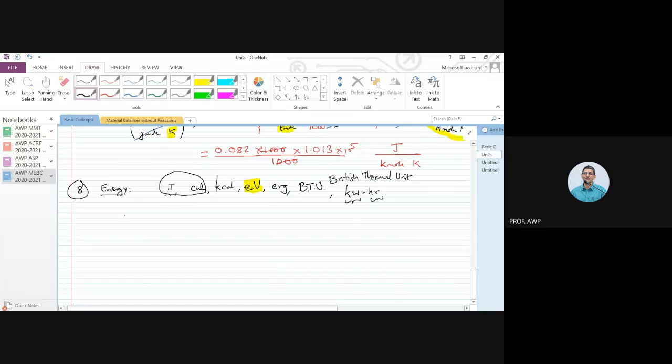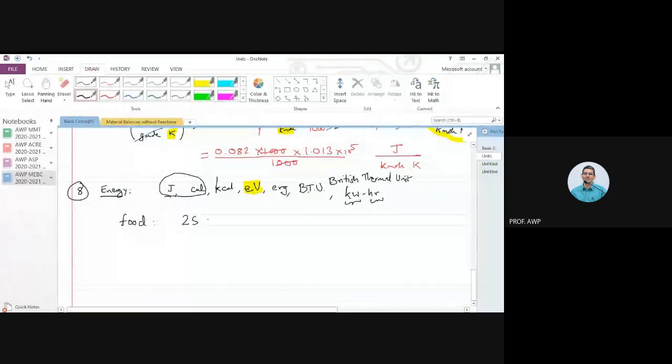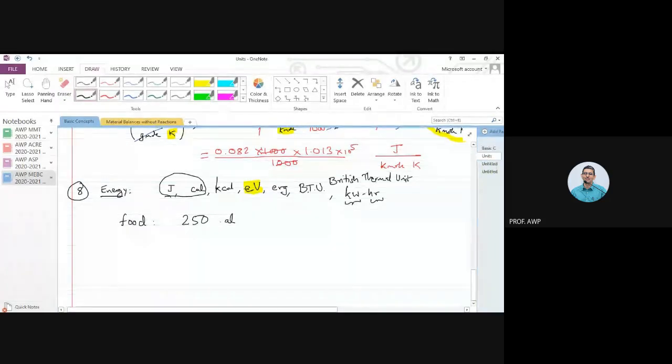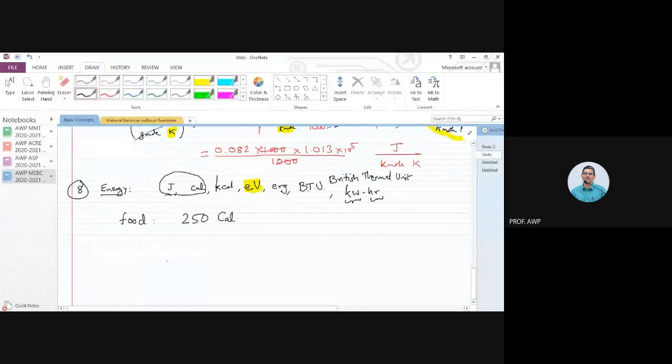If you look at the food packaging, somewhere they will give nutritional information, and they will say that so and so food has say 250 calories. But they don't write C small, they write C capital. That is just to make you feel not so guilty about eating the food.